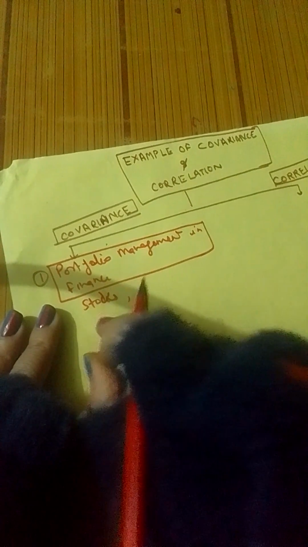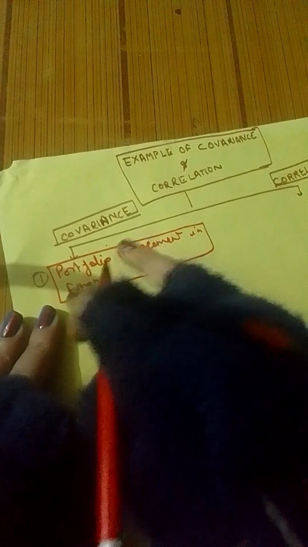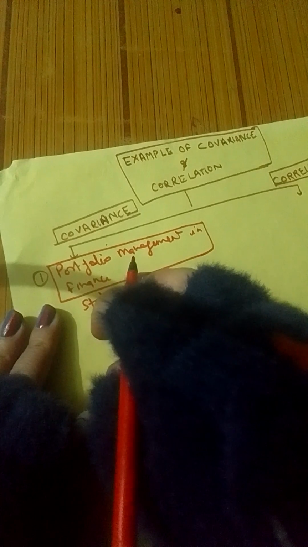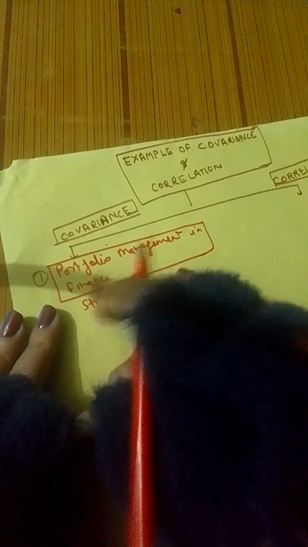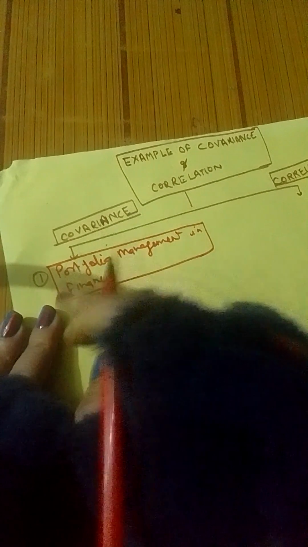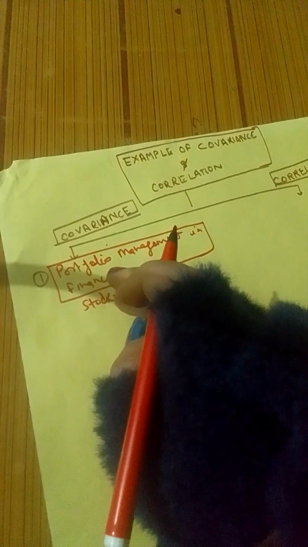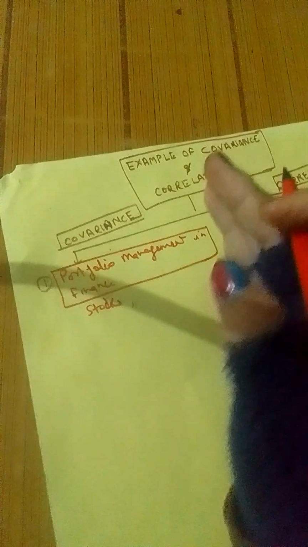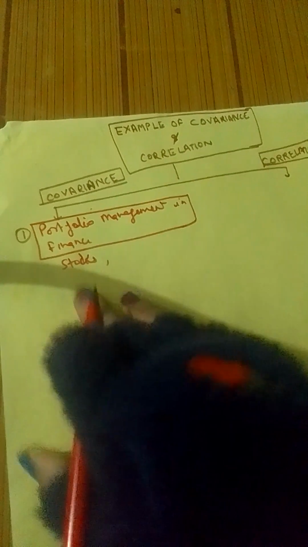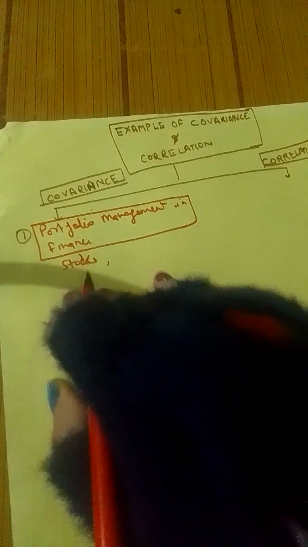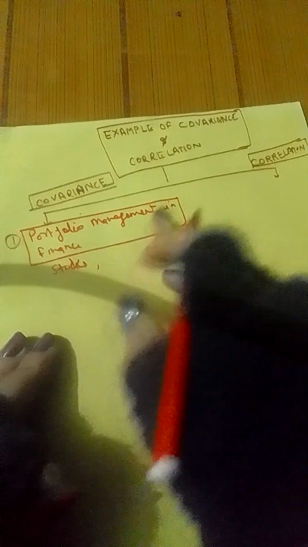I told you about these stocks, how we use variance and standard deviation in the stock market, how stock brokers, or we can say data scientists, predict that this stock will go high and this stock will go low. They can predict that with the help of artificial intelligence or data science, by using that particular covariance term. Fine. You go through my last video of standard deviation and variance.